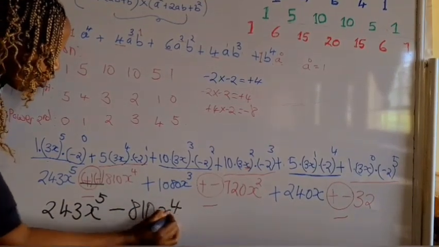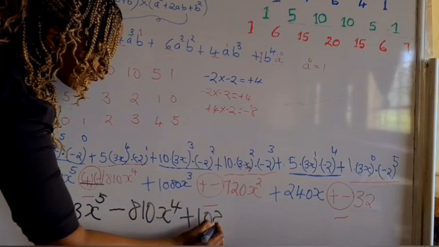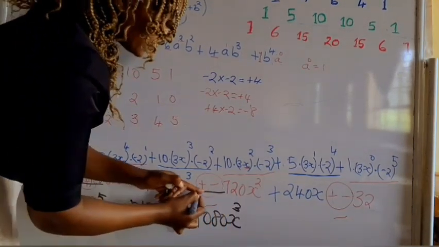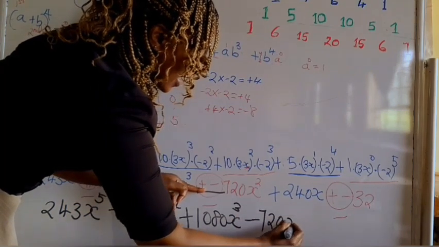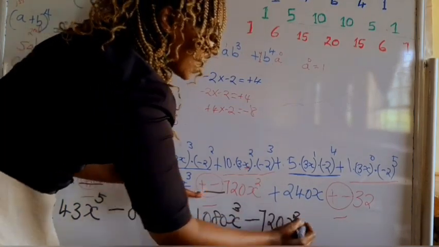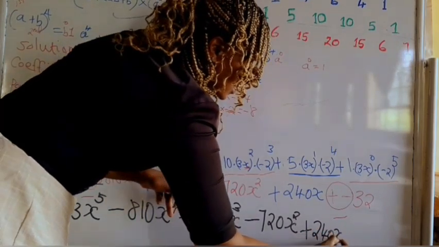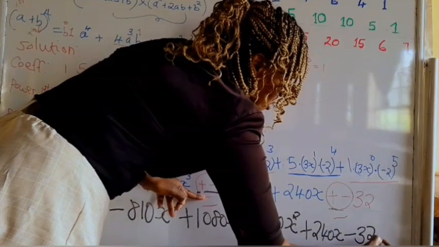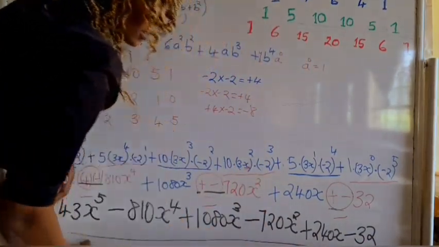Then plus 1080x power 3. The whole of this stuff becomes negative 720x squared plus 240x, and now minus 32, and that is the required expansion.